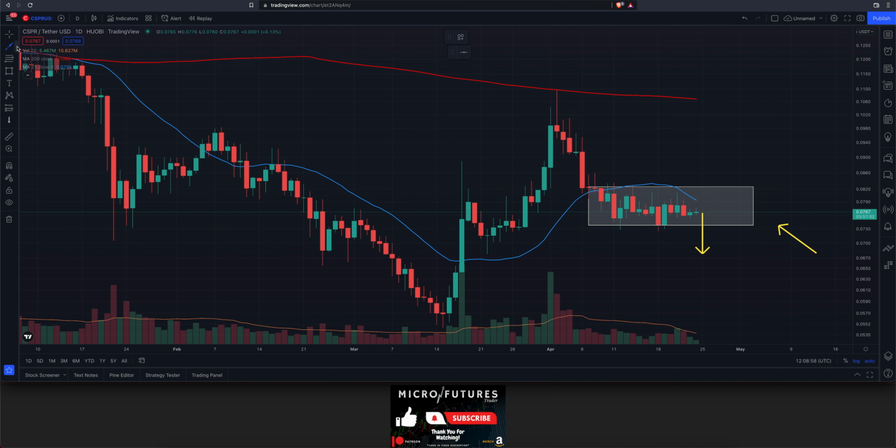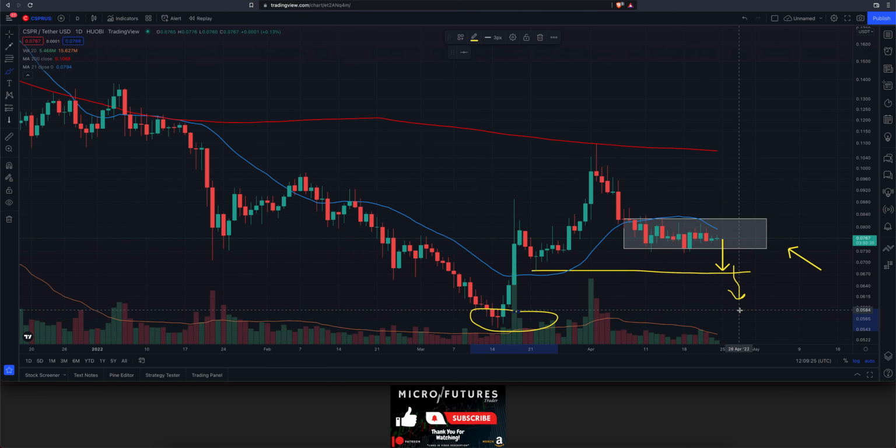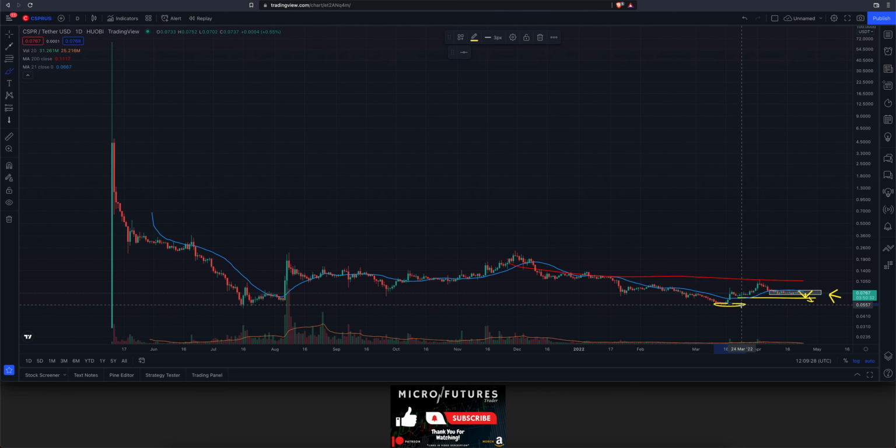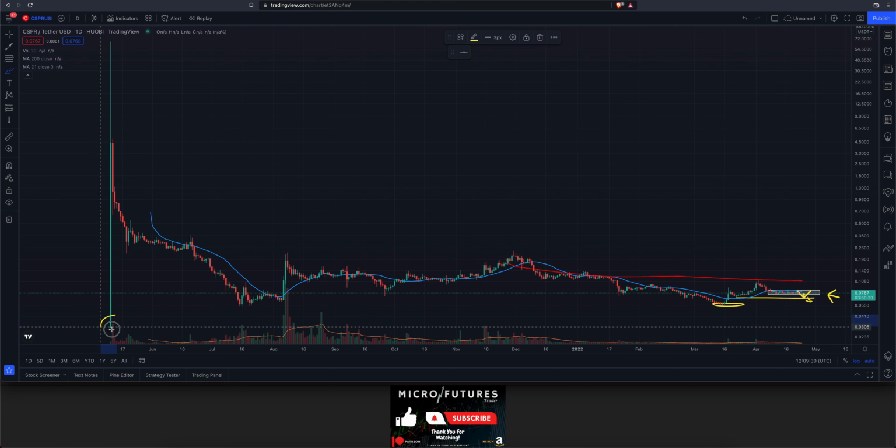Let me get a different tool on my screen here. We'll see if we double bottom right here, or do we undercut that low and put in a lower low, and that would cancel the uptrend. Now it could be a shakeout, but if we get a strong close down there, not good. We'll probably be heading back down for these lows, and then perhaps down to that 3 cent low if the markets really get hit, which is way down in here.